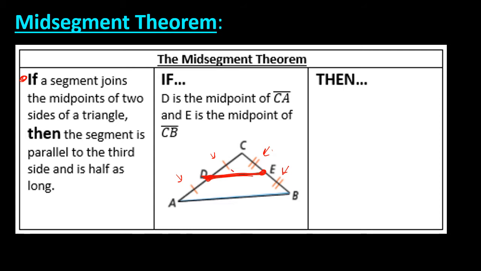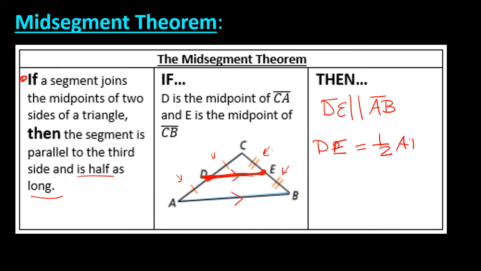So DE is parallel to segment AB, and DE is half the length of AB. The other thing you could do is say it takes 2 midsegments, or 2 DEs, to equal 1 AB. It just depends on how your brain works. They both mean the same thing.